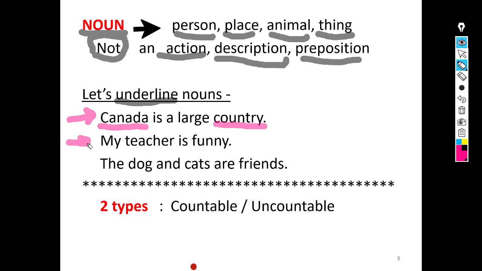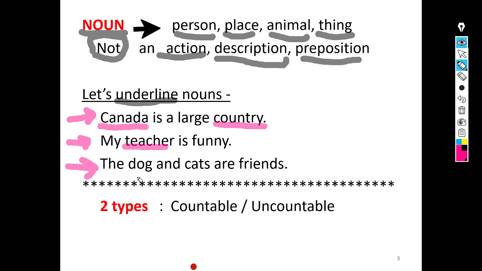And what about second sentence? My teacher is funny. Teacher is a person, so this is a noun. Funny is a description, and it's an adjective. It's not a noun. Okay, the last sentence is, the dog and cats are friends.